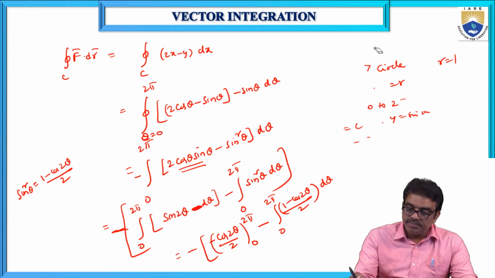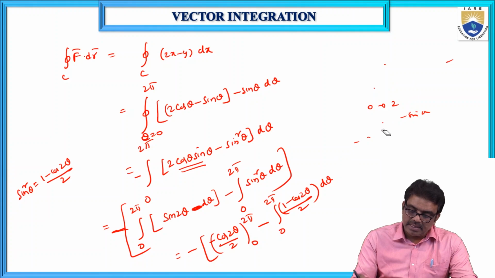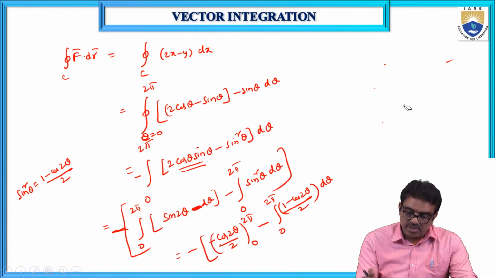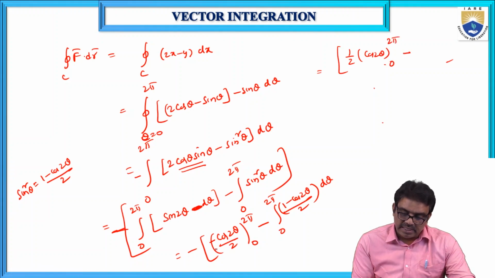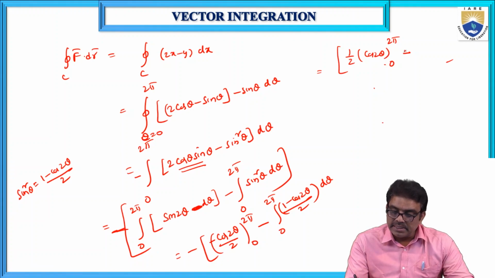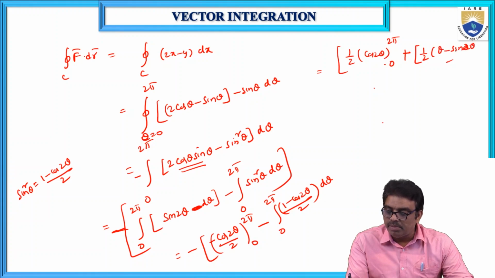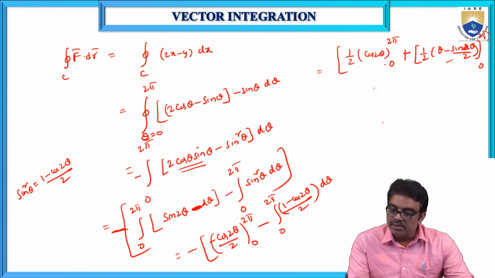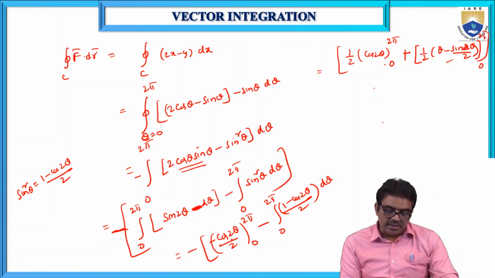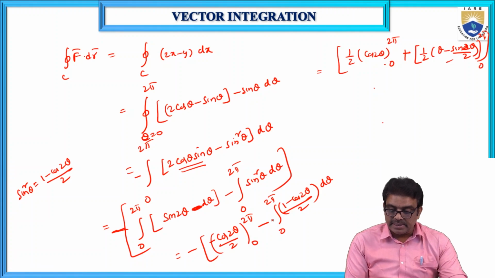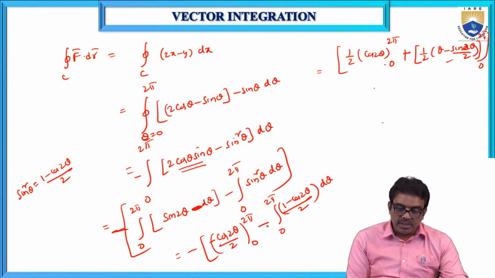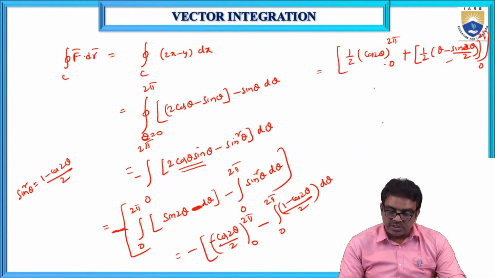So on integrating, minus minus gives plus: the first term is 1 by 2 cos 2 theta with upper limit 2 pi and lower limit 0, minus of minus again plus. The second integration is 1 by 2 into theta minus sin 2 theta by 2 between 0 and 2 pi, on replacing sin square theta by (1 minus cos 2 theta) by 2.